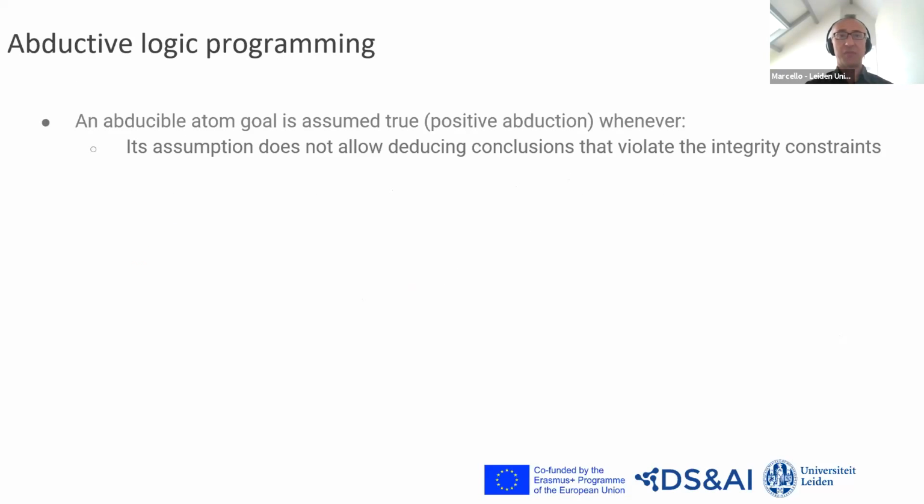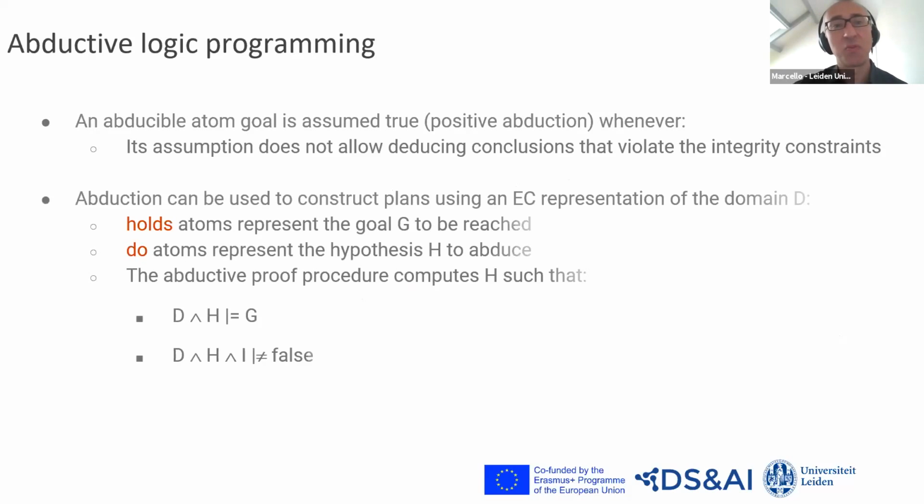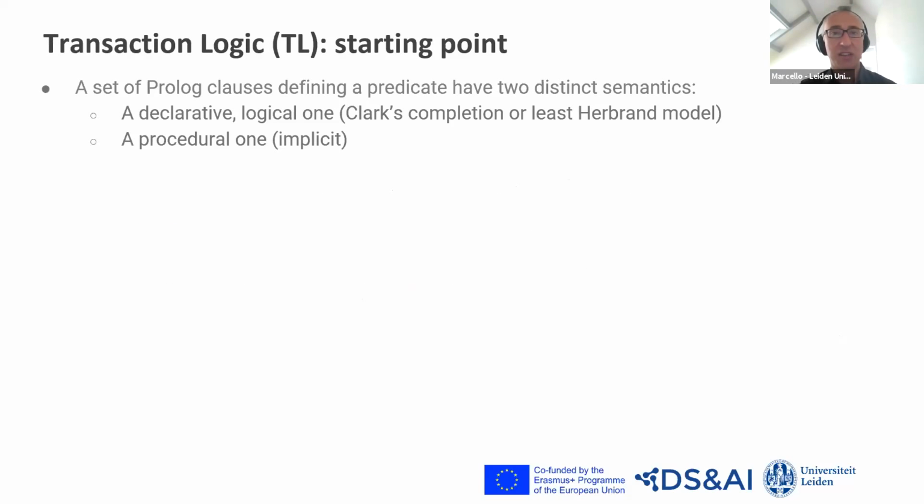And then we go to transaction logic, another way of describing things, which can be used not only for this but also for describing evolutionary systems.